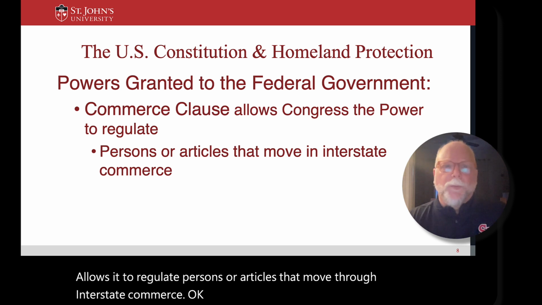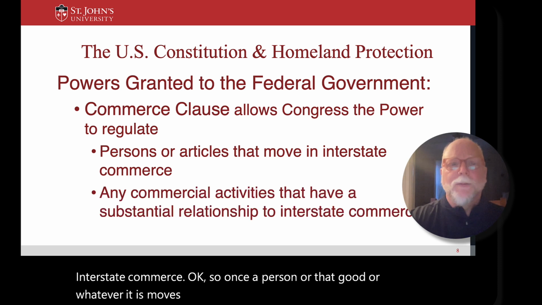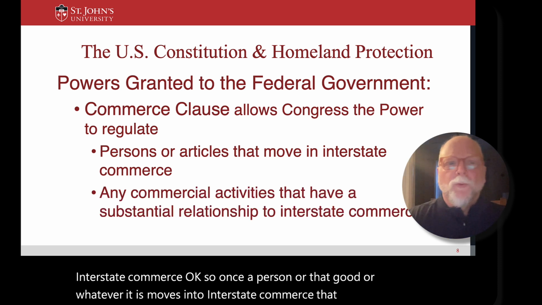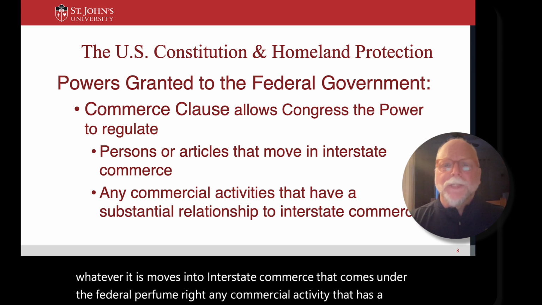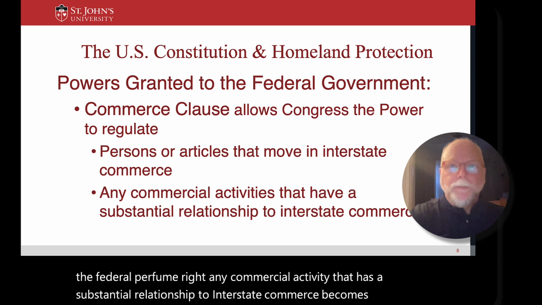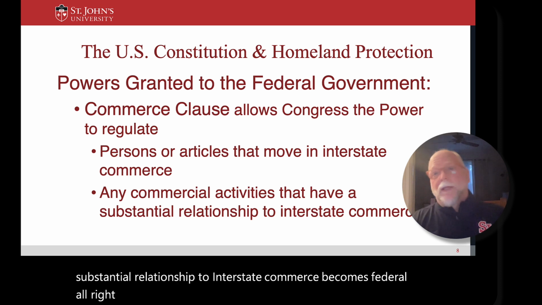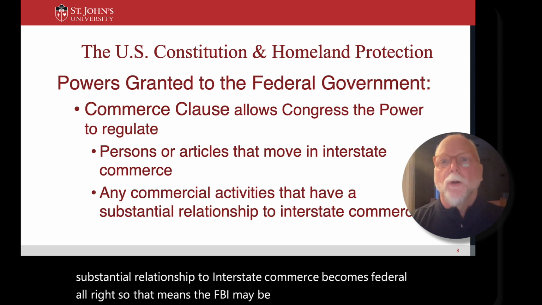Once a person or good moves into interstate commerce, that comes under federal purview. Any commercial activity that has a substantial relationship to interstate commerce becomes federal, so the FBI may be involved as opposed to local law enforcement.